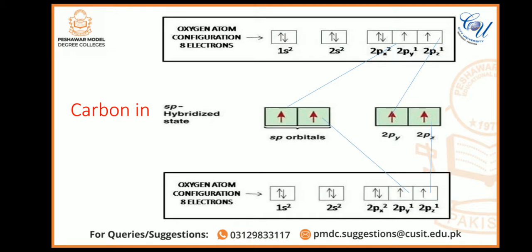One sp hybrid orbital of carbon forms a sigma bond with the 2p orbital of an oxygen atom, and the other sp hybrid orbital of carbon forms a sigma bond with the second oxygen atom, while the two unhybridized p orbitals are involved in the formation of pi bonds with each of the oxygen atoms.